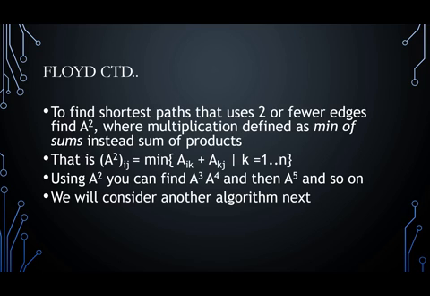Then A3 will give all shortest paths using 1, 2 or 3, or all of them, as the intermediate nodes. And A4 will give us the final solution, where all the nodes can act either as source and destination or as intermediate nodes. So this is the basic idea behind Floyd's algorithm.